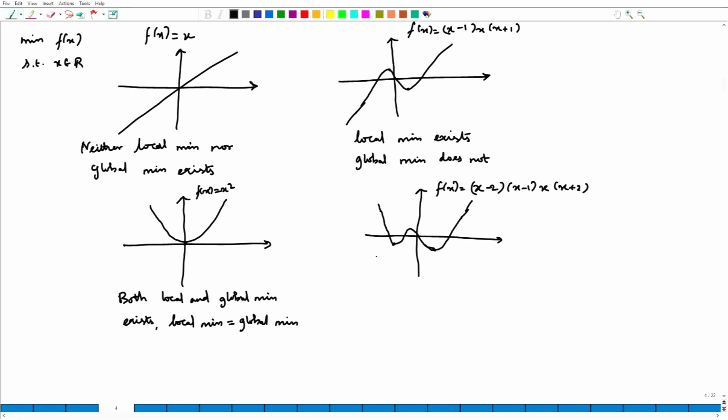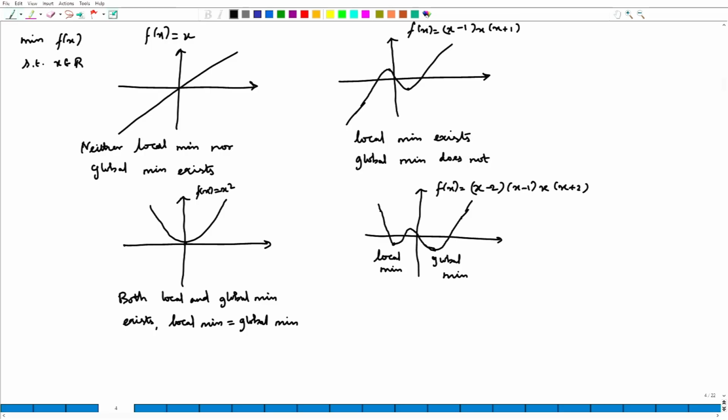So, this is only a local min, and this is actually the global min. So, you have an example where you have both local min and global min for a function, but there is a local min which is not a global minimum.